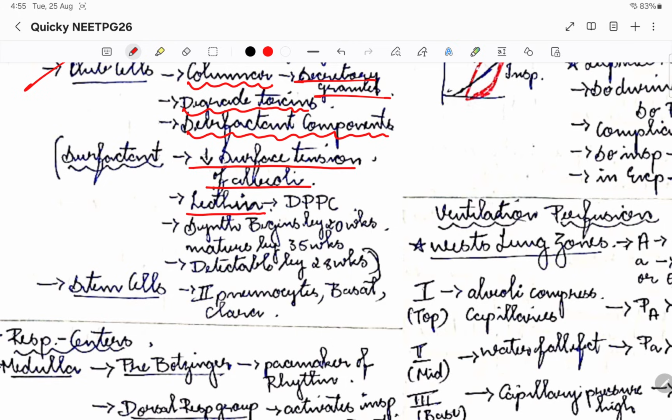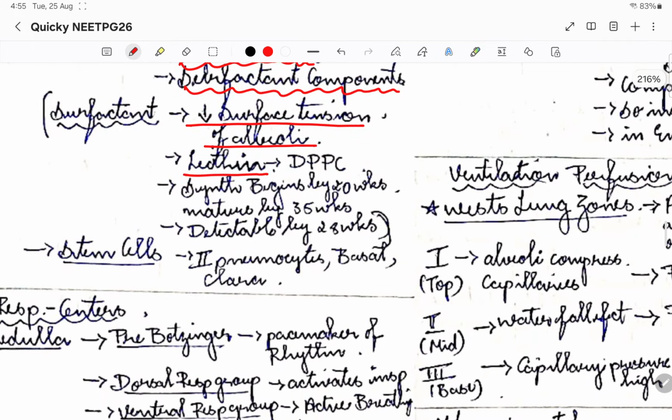One more thing about surfactant is that its synthesis begins by 20 weeks of gestation, but it matures by 35 weeks. That is why babies born before 37 weeks, preterm babies, won't have surfactant as mature as in term babies. So we give steroid therapy so that surfactant maturation might happen.